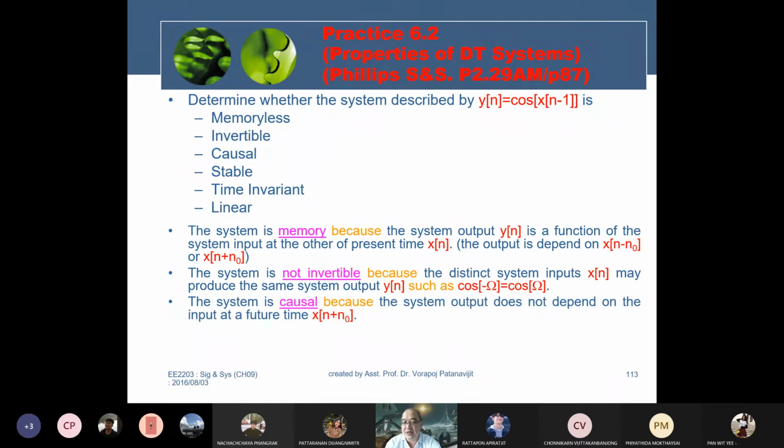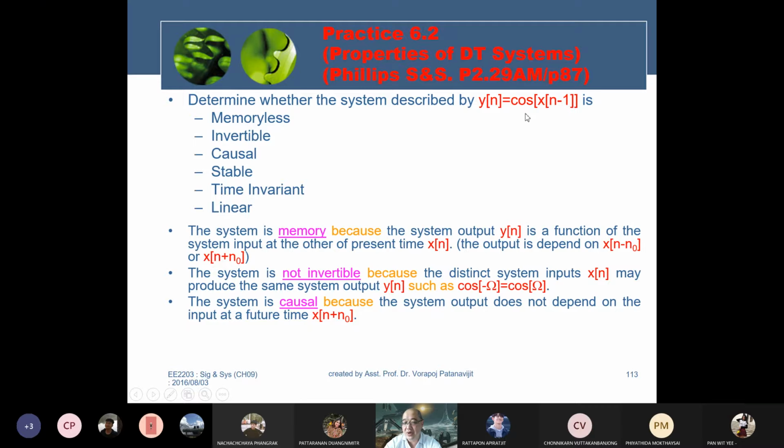Next one, the system is causal because the system output does not depend on the input at the future time. The way to classify causal or not is the same idea as the memory, but the time shifting must be n minus n0, where n0 must be positive.